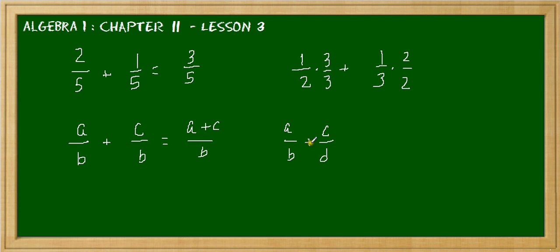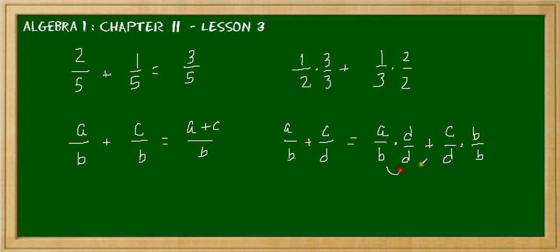Over here it's a little more complicated, but what we did was we simply said, let's take A over B and multiply it by D over D. And we're going to add C over D, and multiply it by B over B. Well, what does this do? It creates a common denominator.